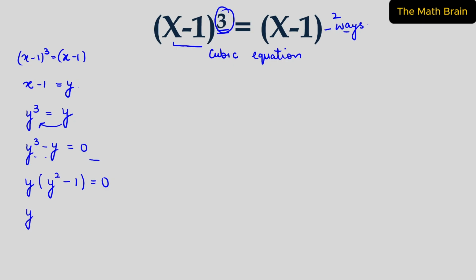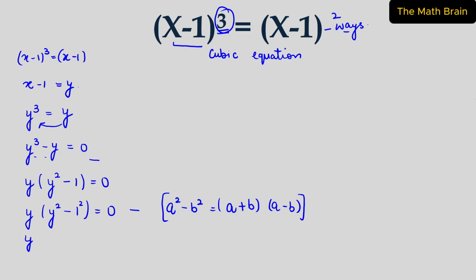We know that 1 square is 1, so we can write it as y square minus 1 square is equal to 0, so that we can apply the formula a square minus b square is equal to (a plus b)(a minus b), and we are left with (y plus 1)(y minus 1) is equal to 0.